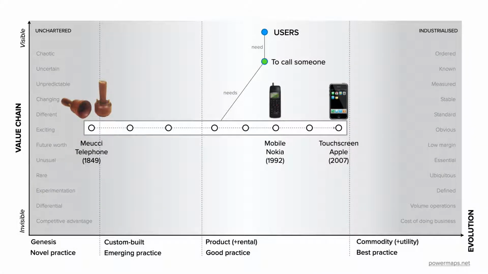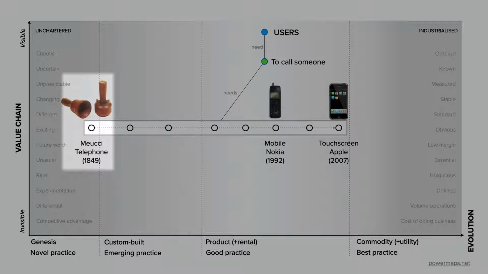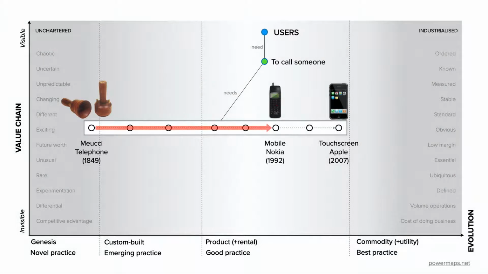Let's look at why Christensen got it wrong with the help of a simplified map of the telephone industry. On the left, we have the Makuuchi telephone, which in 1849 was the first telephone, an uncharted component that would have been unusual and unpredictable. Over time, the telephone found a market, and through supply and demand competition, it evolved through various iterations.